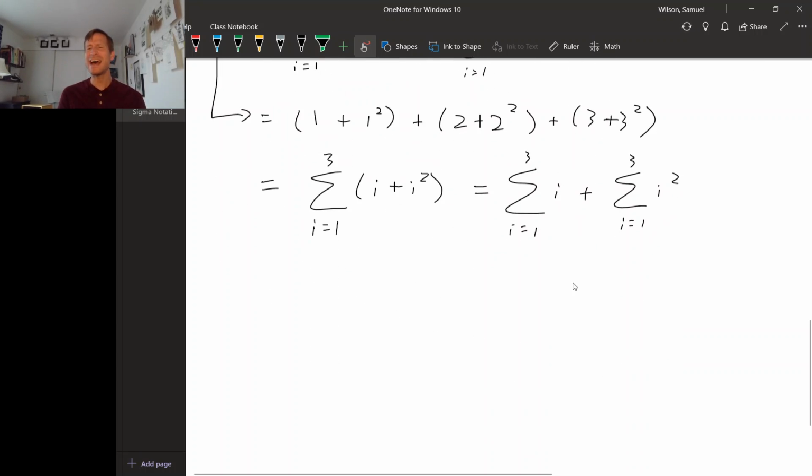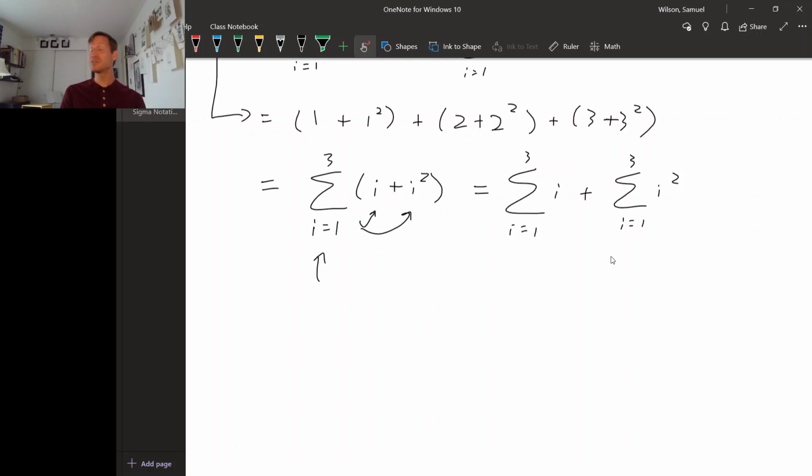So it looks as if this sigma symbol here has distributed over the pattern, which isn't exactly what happened. Really, this is the associativity and commutativity of addition, but it looks as if the sigma has distributed.